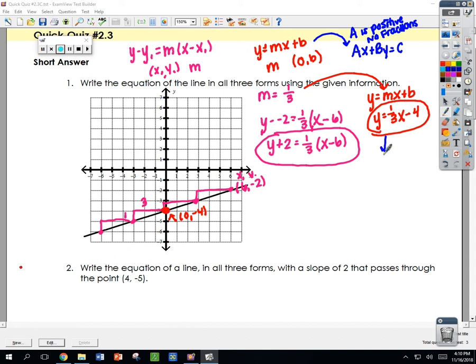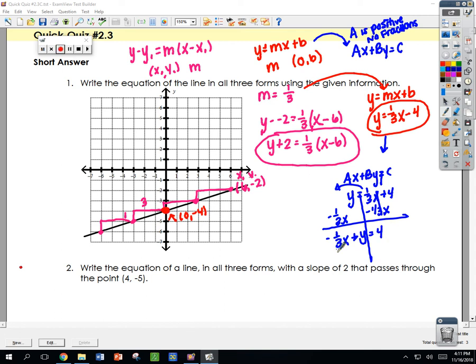Standard form is just this form rewritten, so I need to start here. Notice Ax is on the other side, so I need to move this x term to the other side, so I'm going to subtract 1/3 x from both sides. Those aren't like terms, so it's negative 1/3 x plus y equals 4.